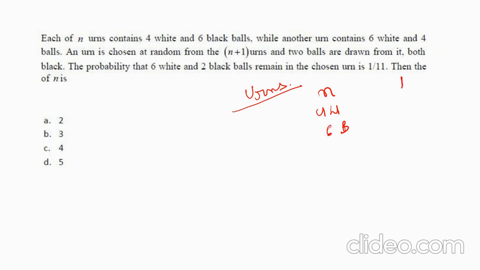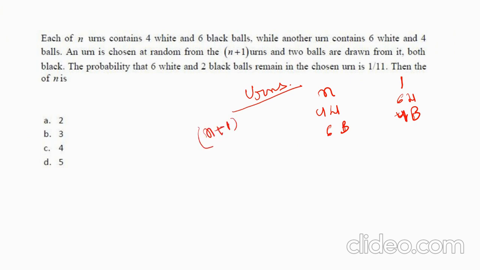And there is one urn which contains 6 white and 4 black balls. Now we are choosing an urn at random from these n plus 1 urns. So in total we have n plus 1 urns.